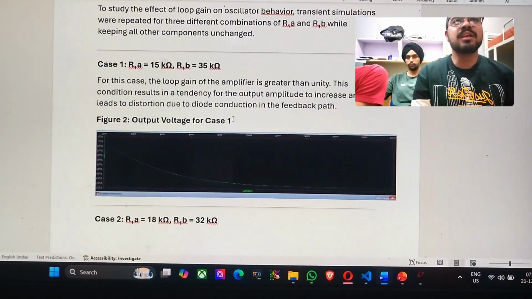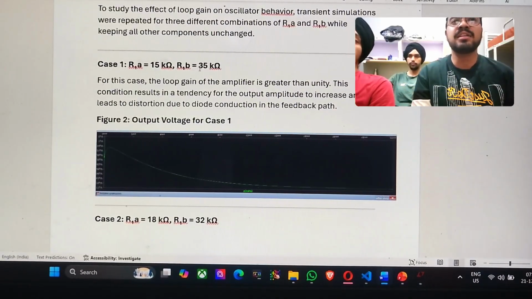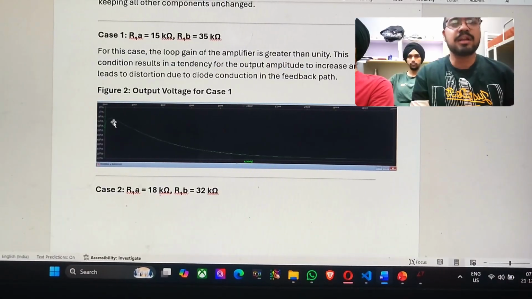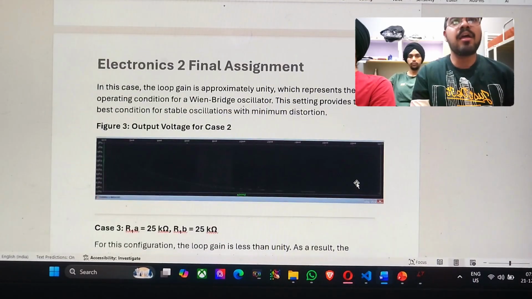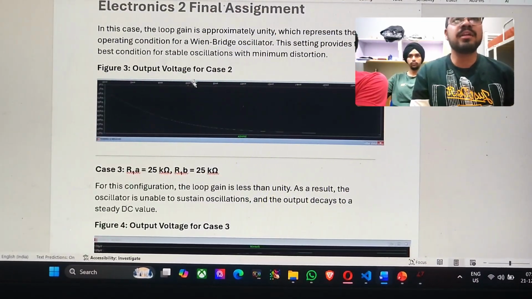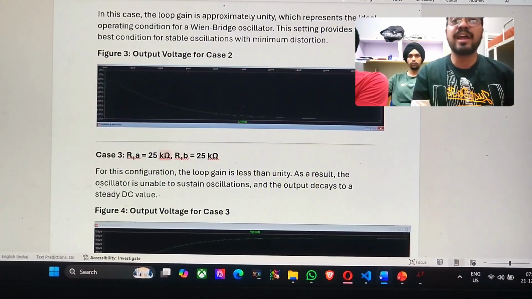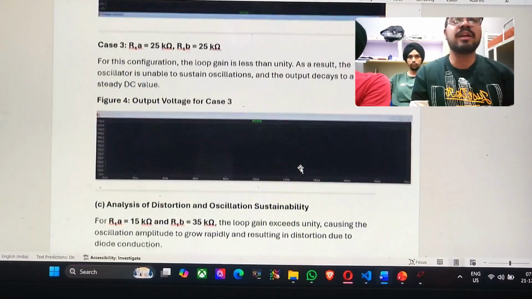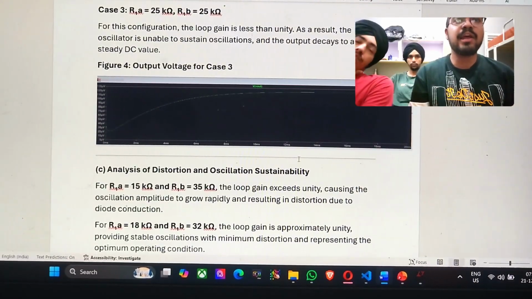When RA is given as 15 and the other as 35, you can see the graph going downward from 1 volt. In the similar case, when it is 25 and 25, the output goes constant at 1. It reaches 1 after a delay of time.